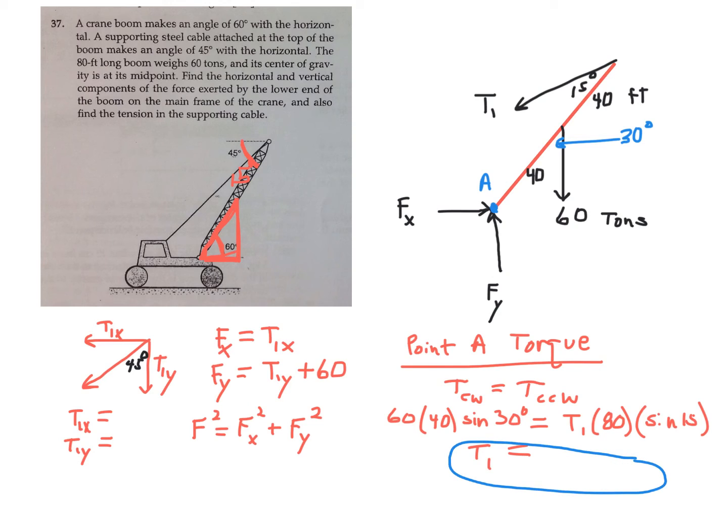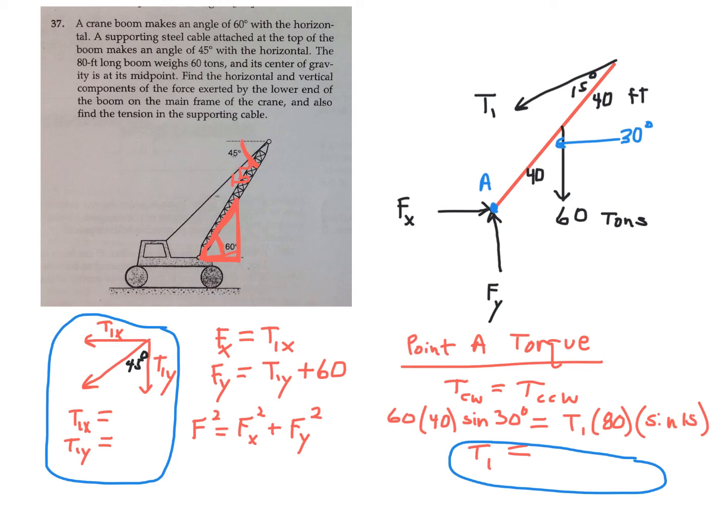Now, T1 will have components. That's the next part of the problem, way over here on the left. So you're going to come over here and find the components of T1. Now T1 is at a 45-degree angle with the horizontal, not with respect to the beam. So now we're looking at the regular Cartesian coordinate angles, not the angle with the boom.